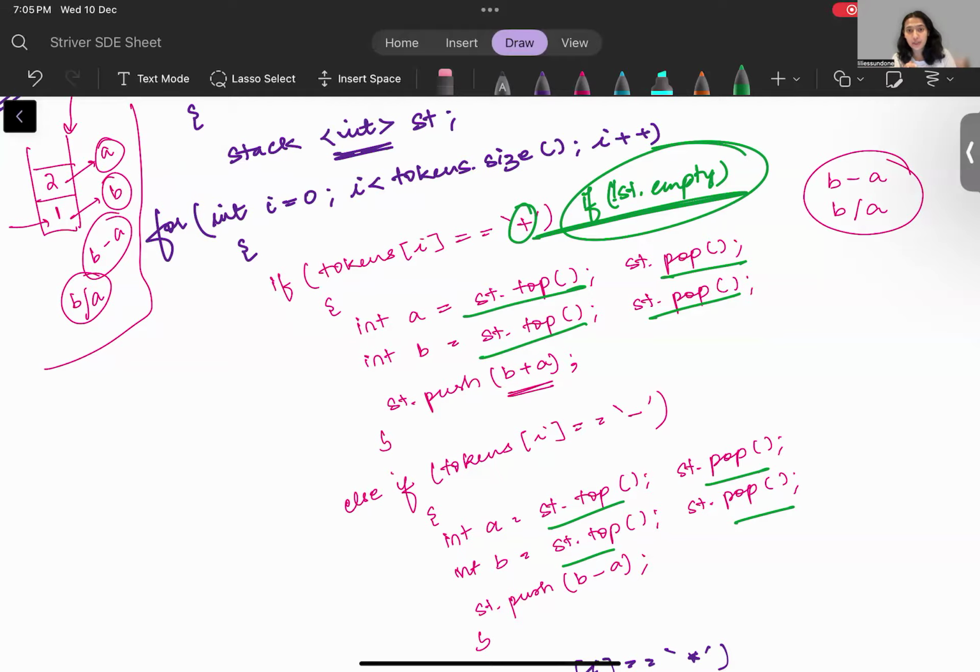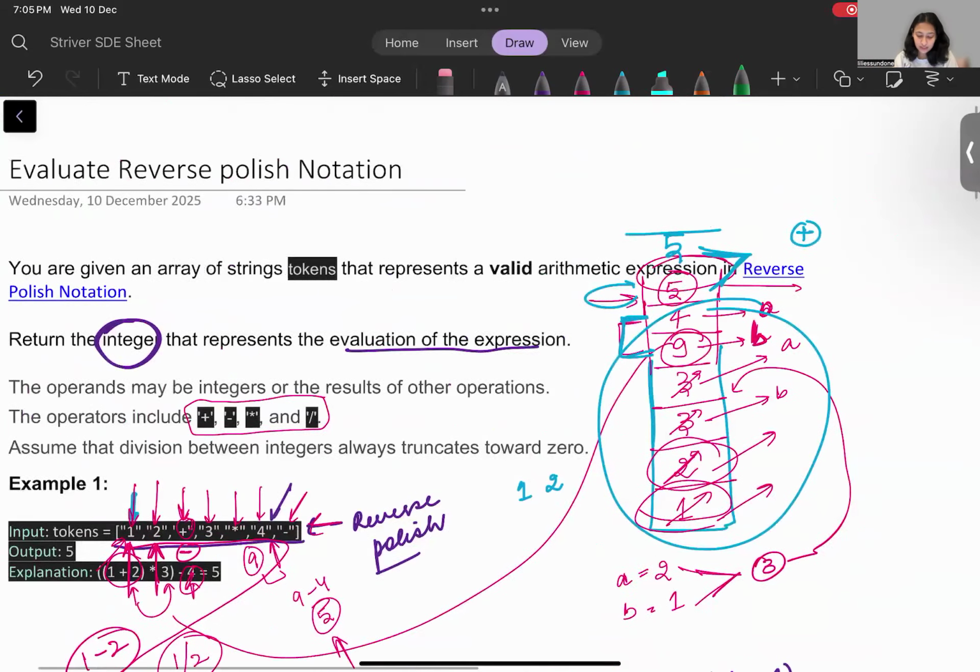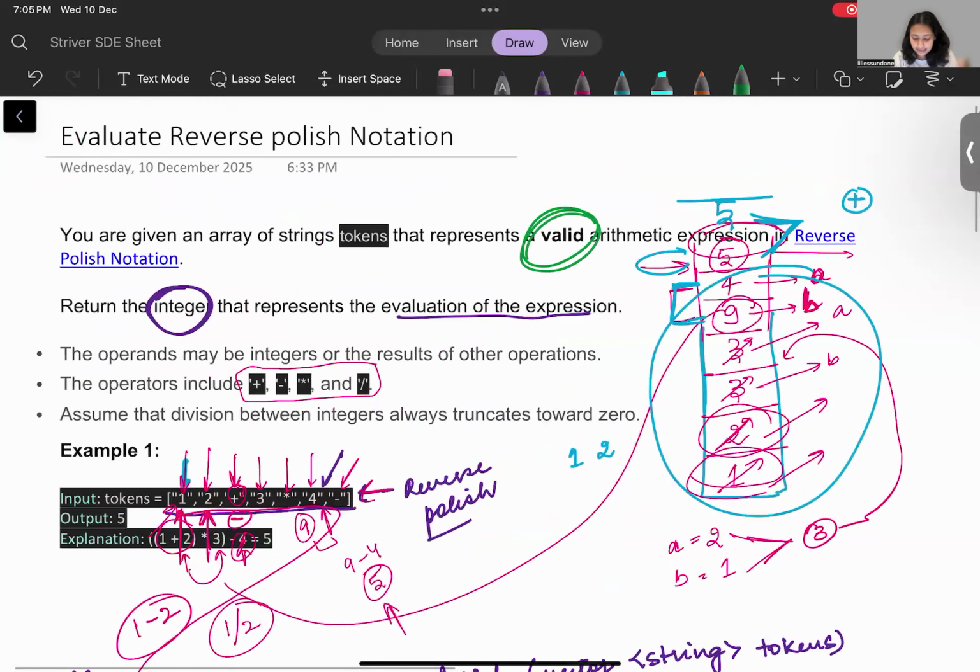But I will tell you right now, it cannot be the case, because in the question, it is explicitly mentioned that it is a valid arithmetic expression in reverse Polish notation. Given that it is valid, we know what cannot happen. This thing cannot happen. Are you getting that? So it has to be valid.